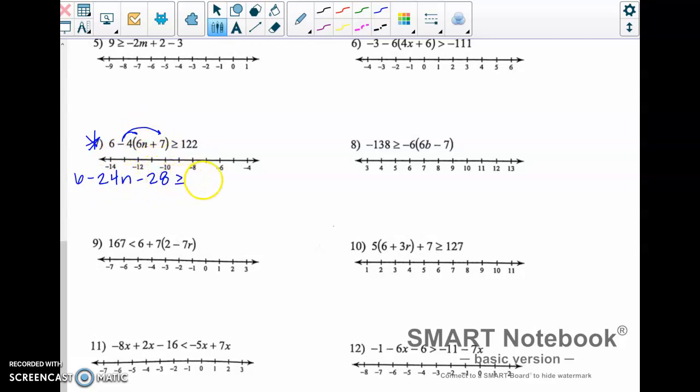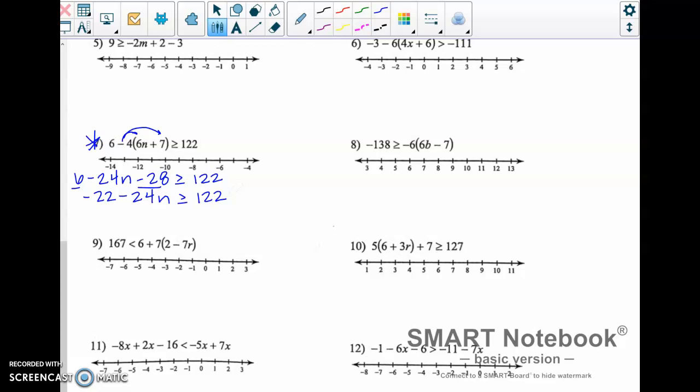And then that needs to be greater than or equal to 122. The second thing after the distributive property is to combine like terms. Well, 6 and -28 are constants that can be combined into -22. So we have -22 minus 24n is greater than or equal to 122.